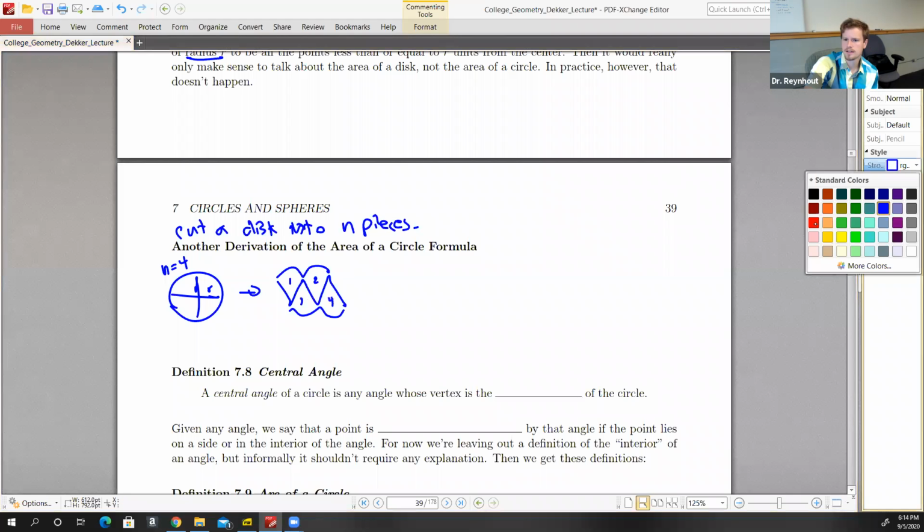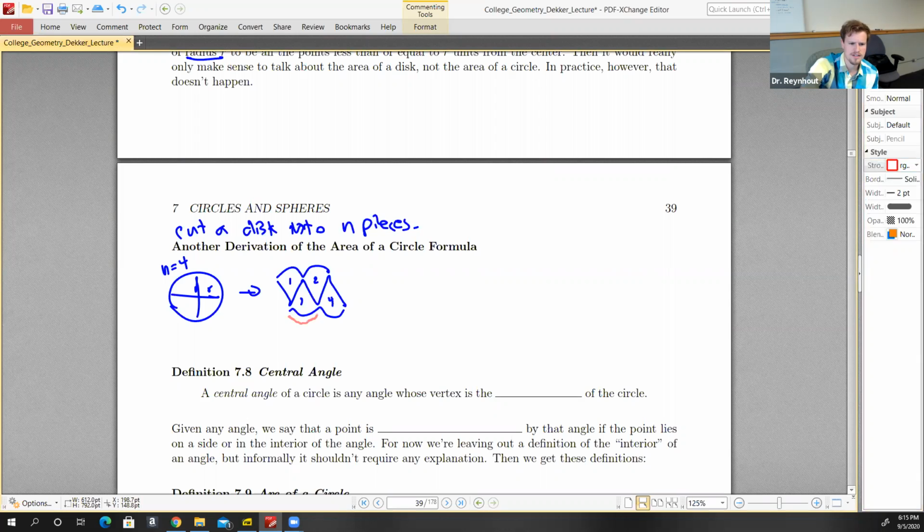And this distance here would be pi times r, and this distance here would be r. Make sense? All right. So if we were to increase the number of pieces that we cut the disk into, so let's say we cut it into 8 pieces. That would give us 1, 2, 3, 4, 5, 6, 7, 8.